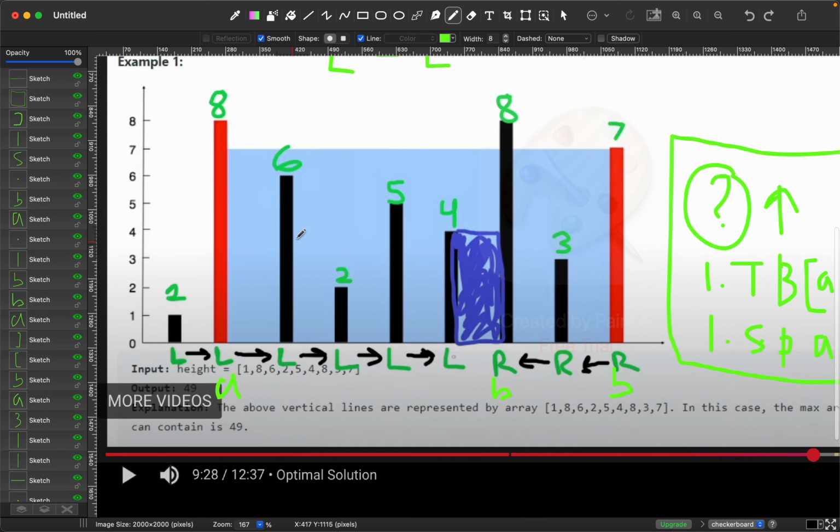Which is something that they also discuss a lot. They start off by putting the L and the R over here, and then they slowly spread and slowly count the area.